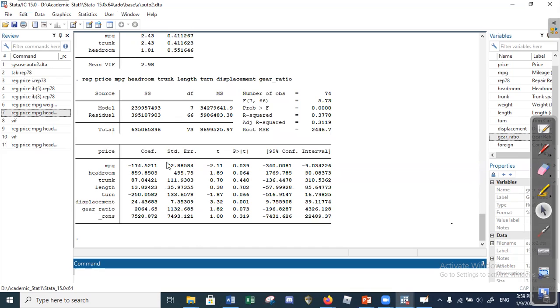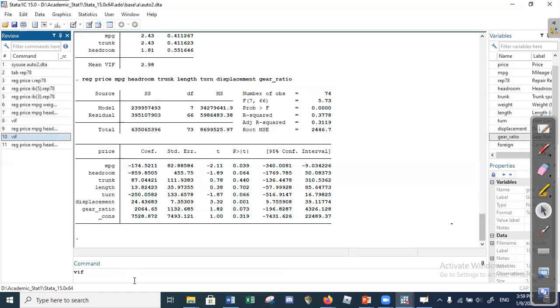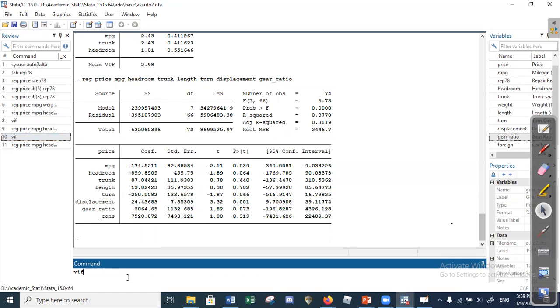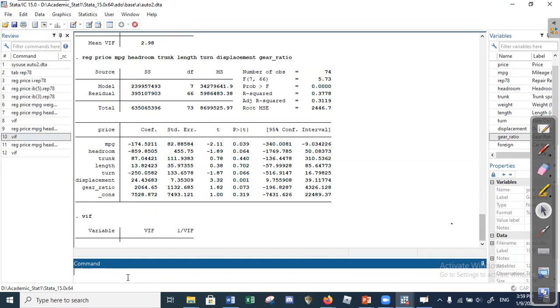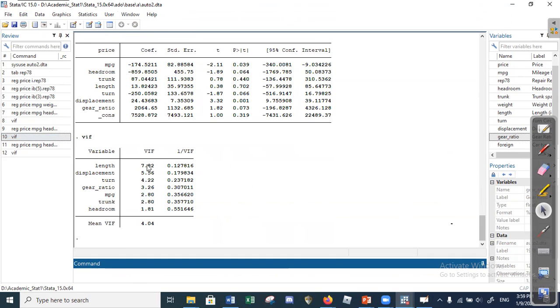I fit this model. Length is there, weight is not there. If I check the VIF for this model by typing VIF after fitting it, you see, again, no problem. All the VIF values are perfectly all right according to the rule. So it means it's not necessary that I drop both weight and length. If I only drop weight, length is there, but it is no longer highly collinear.